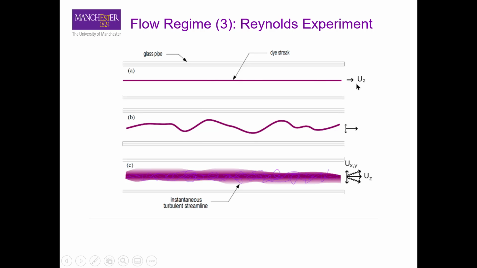And if you have velocity uz that is relatively low, the things will flow in a straight line without any intermixing. It means that the different layers will just flow adjacent to each other without any mixing. While you increase the velocity, you start to get a deviation in the velocity in the y direction, and that is the reason why you have this pattern of flow.